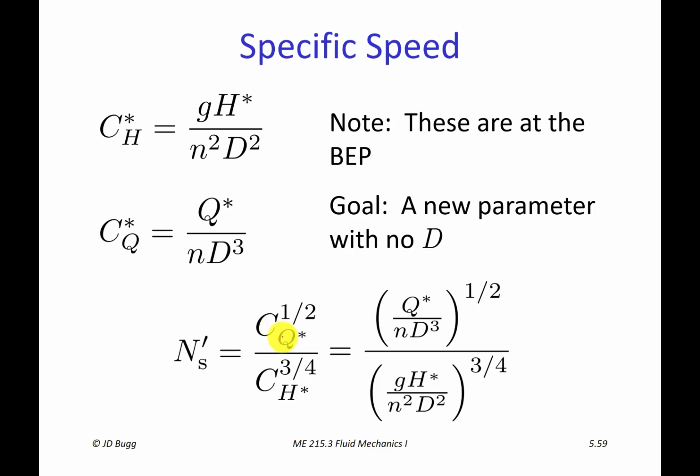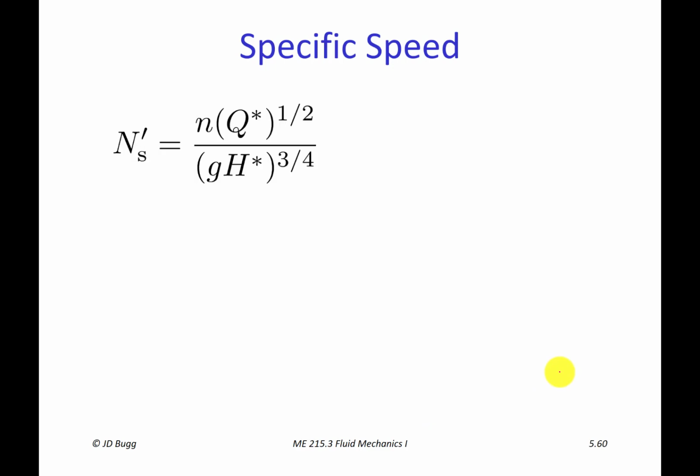Substituting in for our capacity coefficient, Q over ND cubed, and for our head coefficient, gH over N squared D squared, you can see what's going to happen. We have a D to the 3/2 here, and a D to the 3/2 here, so the diameter is going to cancel out. What we have as a result is N Q to the 1/2 over gH to the 3/4.